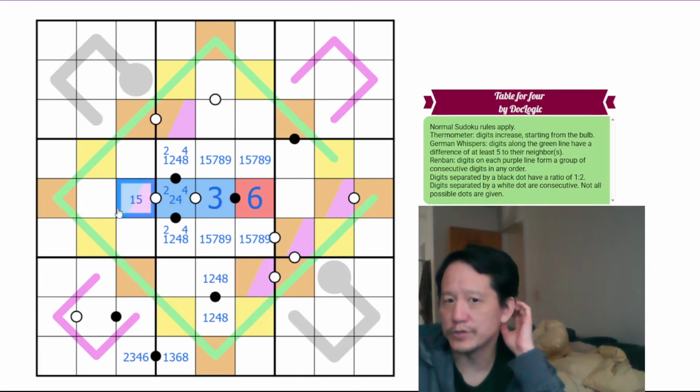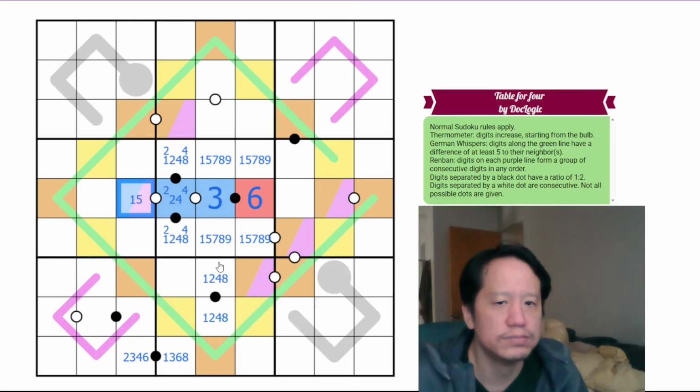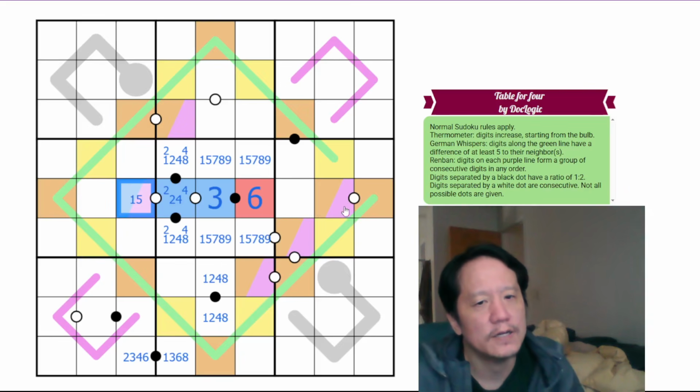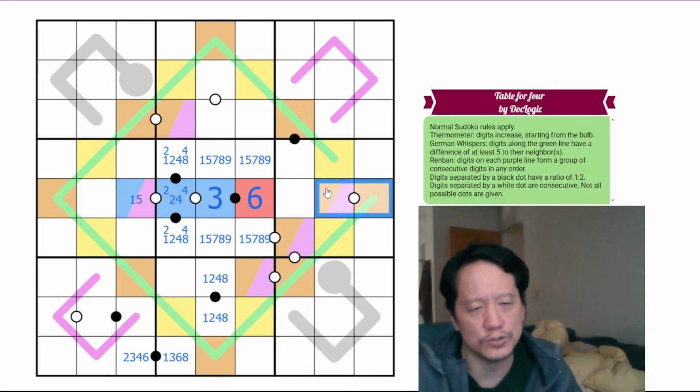We're not sure which. This cannot be two lows. If these are two lows, it would be 1, 2. And then the problem is... Yeah, this orange cannot be low.